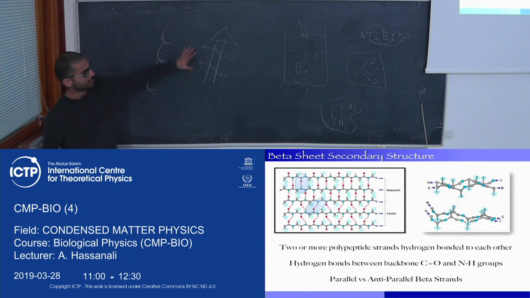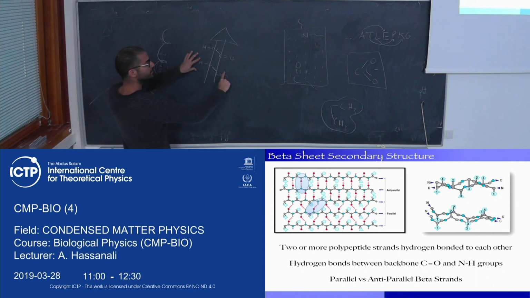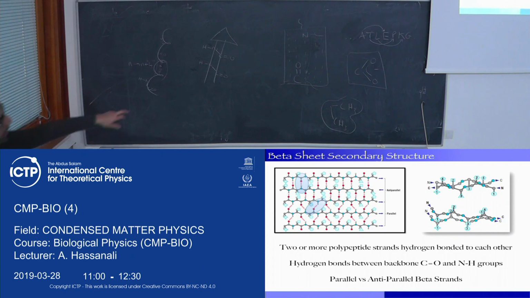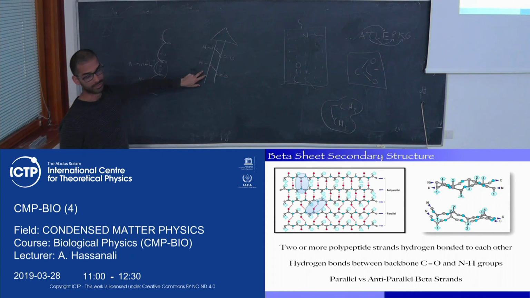These are very different from the alpha helix. In the alpha helix, they coil, so these interact with amide bonds along the chain. Here it's N interacts with N plus 4, and I put the plus in quotes because it's about 3.5 to 4. Over here, this is not what happens.